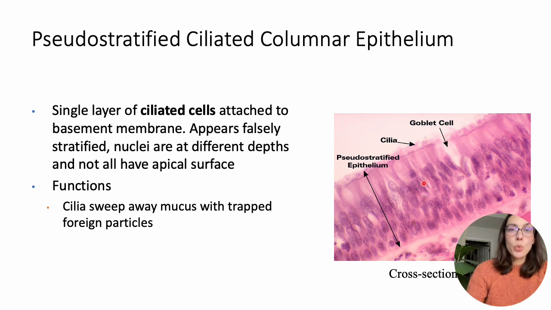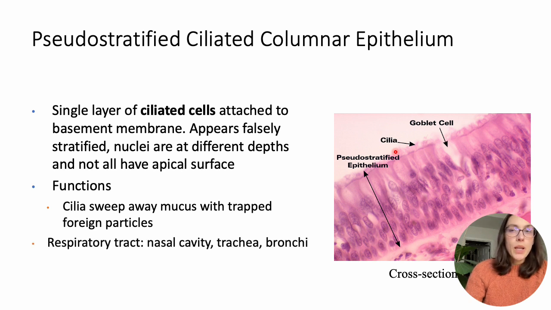So these cells will create, especially if you have this goblet cell, mucus secreted to the apical surface, and then the cilia are able to sweep that mucus around and kind of get out debris, trapped particles. This is found in the respiratory tract, right? So in your nasal cavity, trachea, and bronchi, where it's really important that we don't let foreign material in.